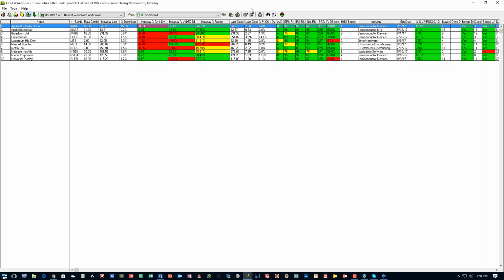Best of Woodward and Brown is pretty restrictive because to qualify to get into that smart group, the stocks have to appear most often in all of the other smart groups that are generated every day, and it's only the top 10. So let's broaden that out just a little bit here.